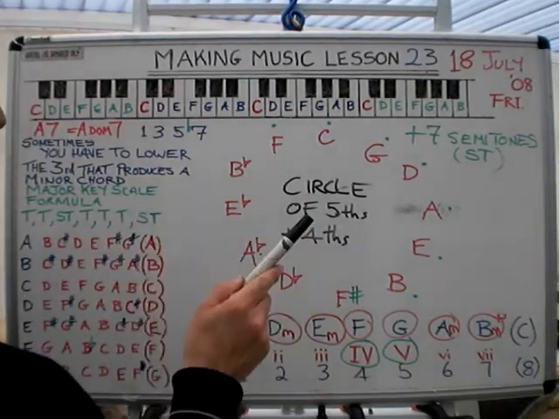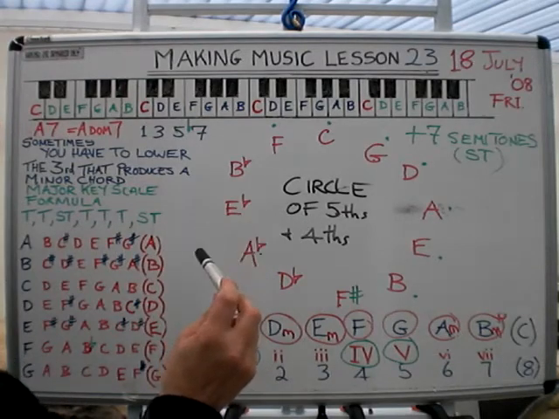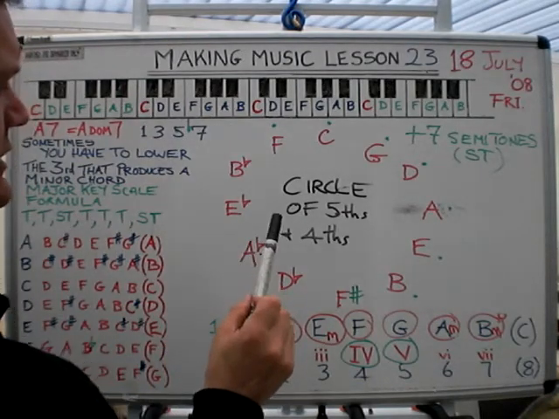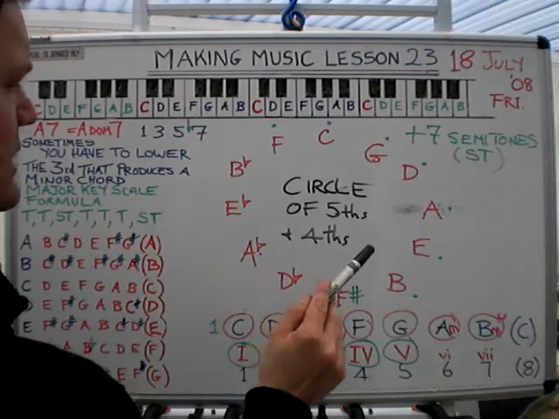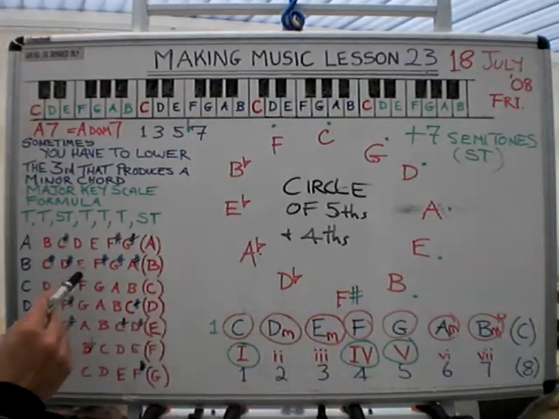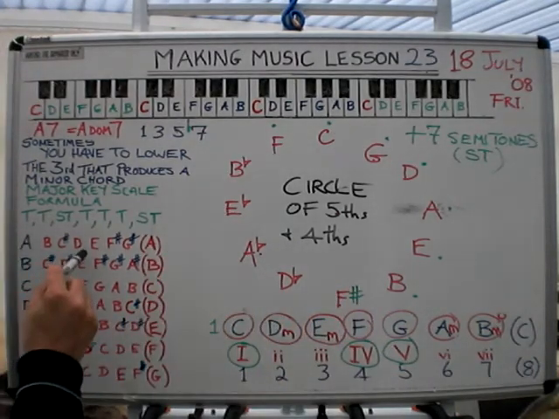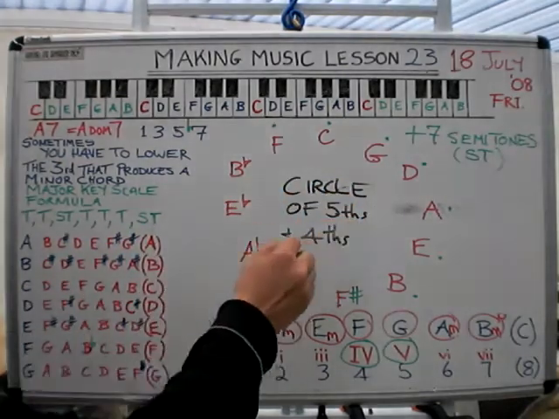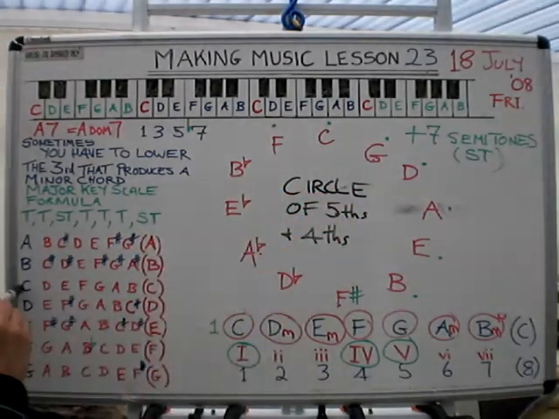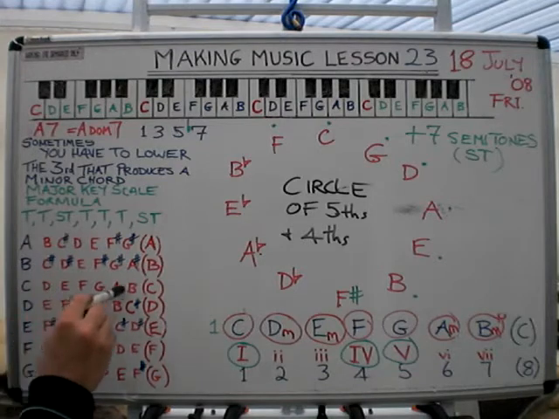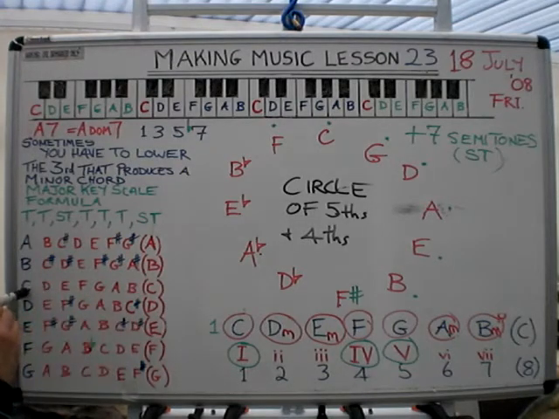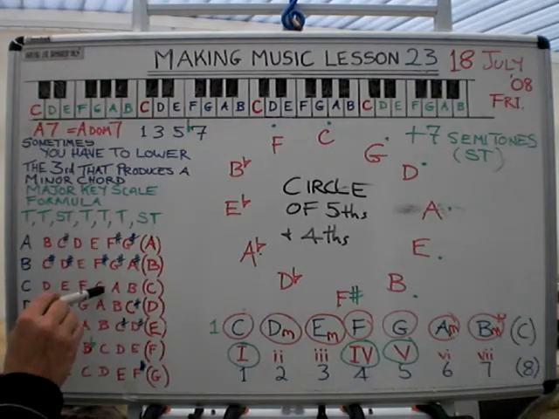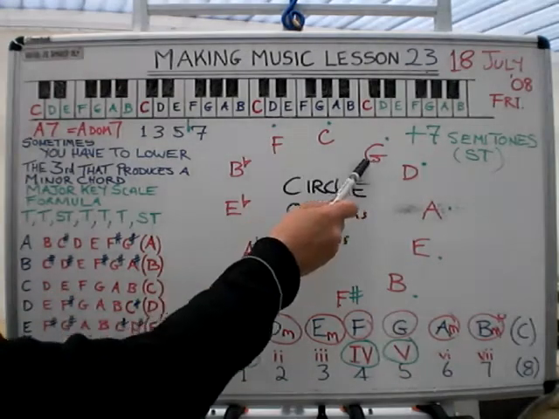Let's go to these here. This is talking about the major scales. So we've done the C scale here, the C major scale. We've got 1, 5, 4 there.